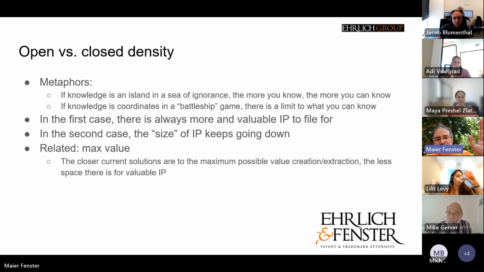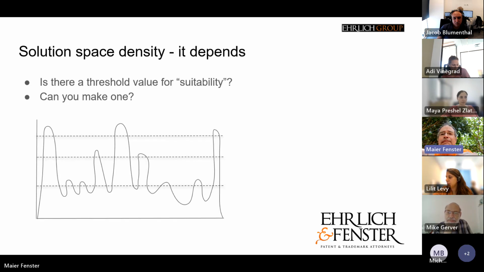And I admit, some people could discover new ways of doing it. But in general, in the field of toilet seats, people are going to pay $3,000 max, and that's all you can get. So again, the shape and the density of the solution space really inform both your IP strategy and the potential value of your IP.